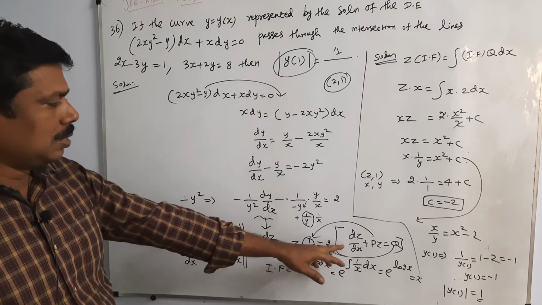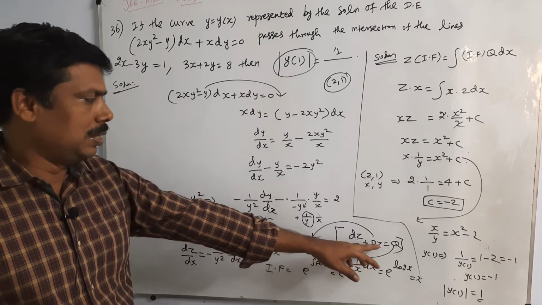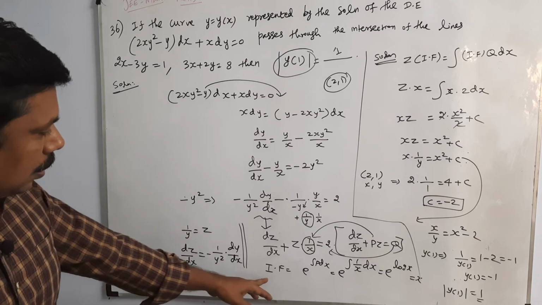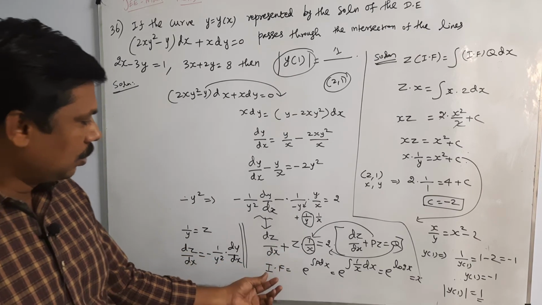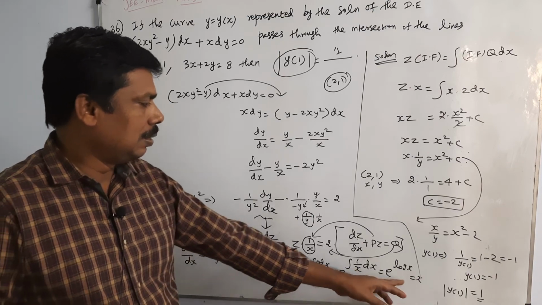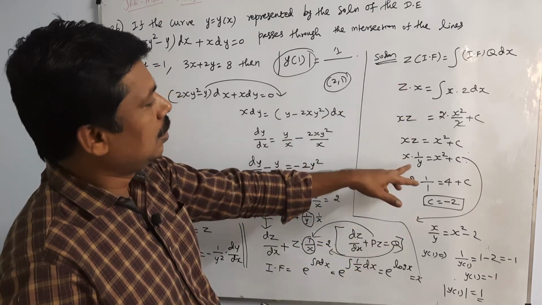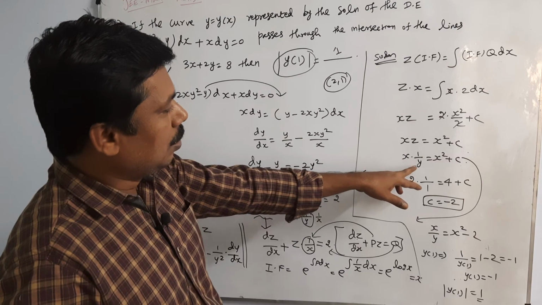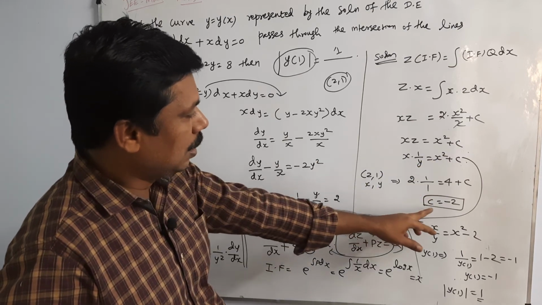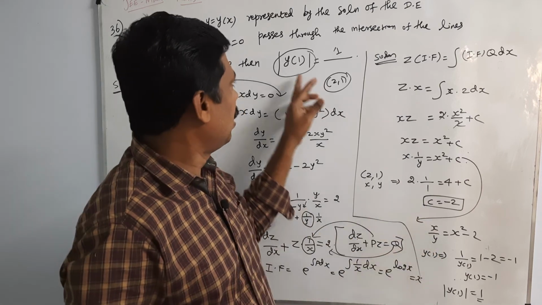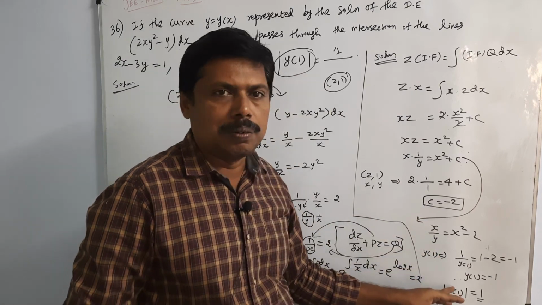After that we get dz by dx plus pz equal to q. So this is a linear form in the variables z and x. IF you get x. The solution is x into 1 by y equal to x squared plus c. You substitute the point, you get c. Again they asked y of 1. So the value of modulus y of 1 is 1.